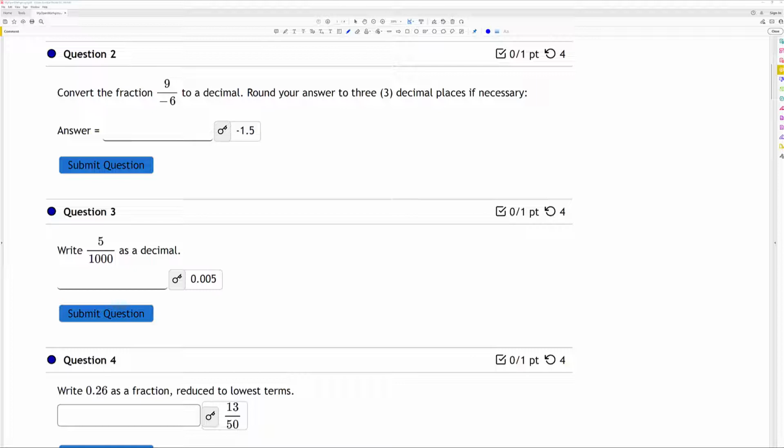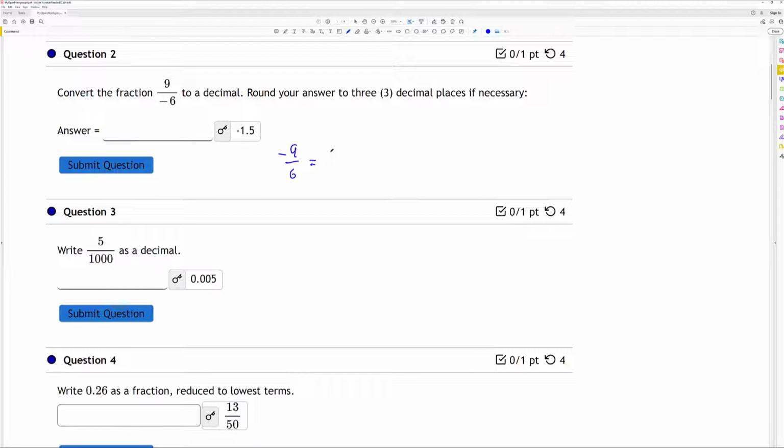Now for this one here, question 2, convert the fraction 9 over negative 6 to a decimal, then round to 3 decimal places if necessary. So what I really have is a negative 9 divided by 6, and that simplifies.